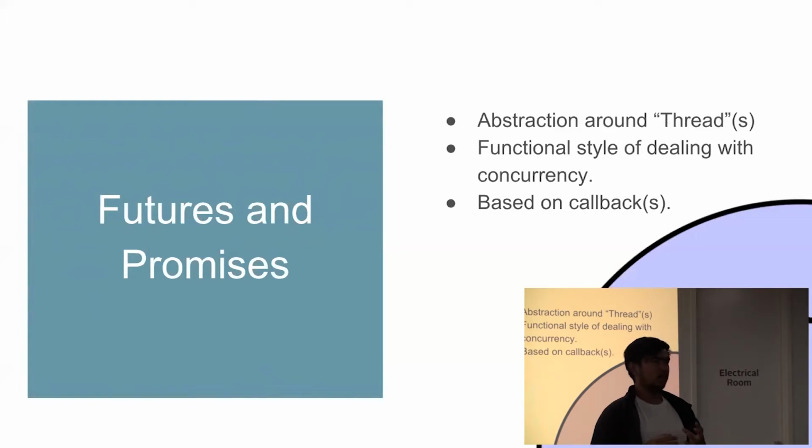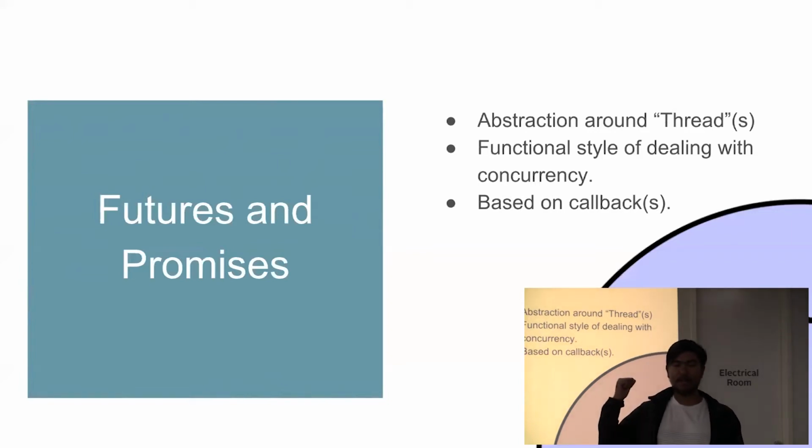When you think back to the threads API, it's kind of straightforward. Futures and promises provide a really good functional way to handle your concurrency. You don't have to deal with synchronization, and it's based on callbacks.